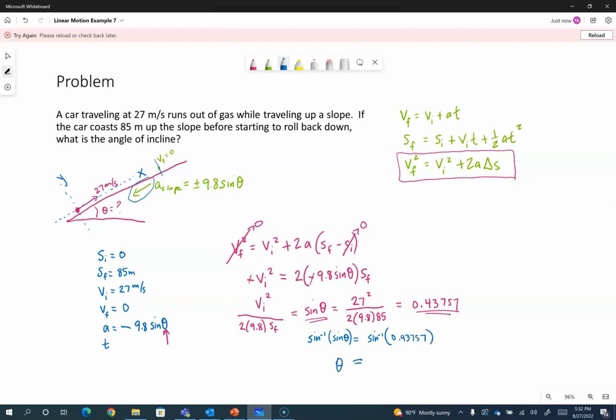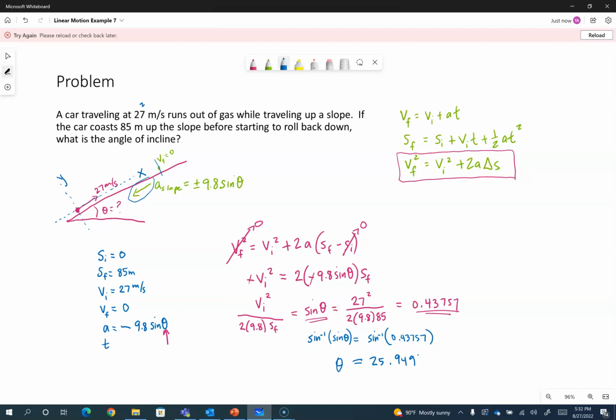Now here you'll want to make sure your calculator is in degree mode so that we get an answer in degrees. My calculator is giving me 25.949.